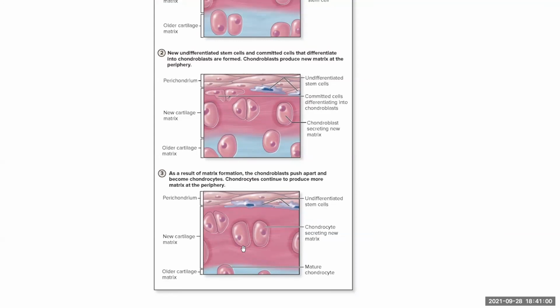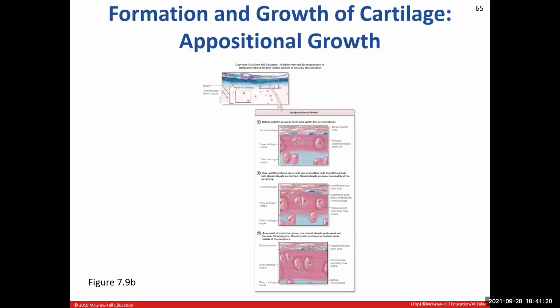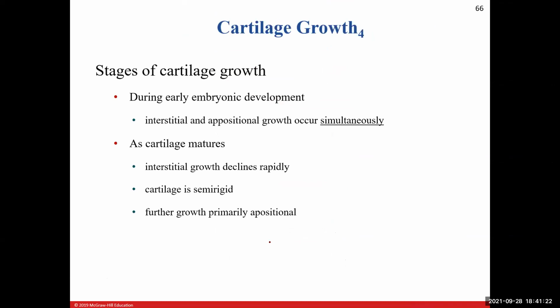Once they've pushed away, they convert into a chondrocyte, which will still be secreting that cartilage matrix. And this is how the cartilage gets wider, like a tree trunk gets thicker. This occurs at the periphery. That's appositional growth.